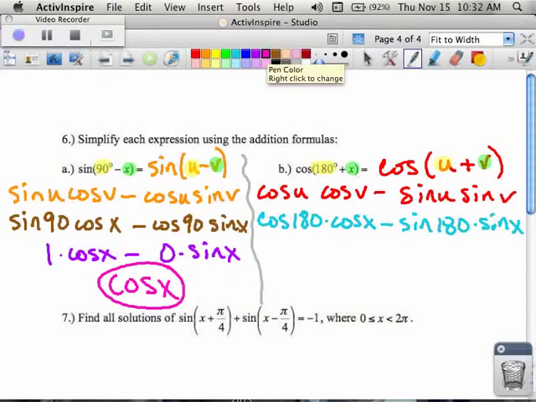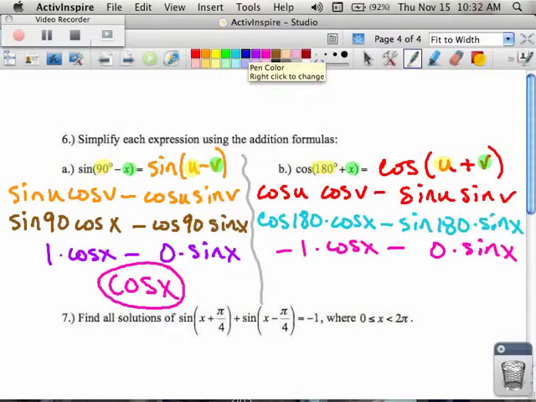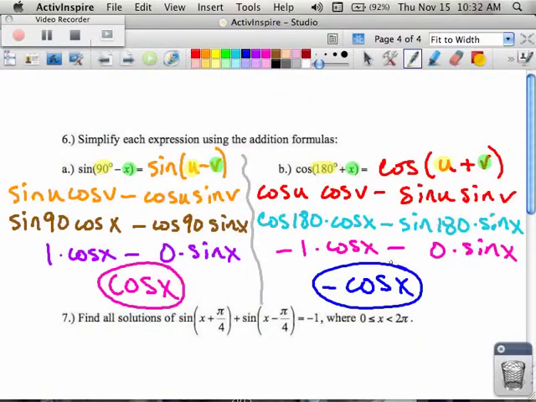The cosine of 180 is negative 1. The cosine of x I don't know. The sine of 180 is 0, and the sine of x I don't know. So when I get done, I really have negative cosine x. That's my final answer.